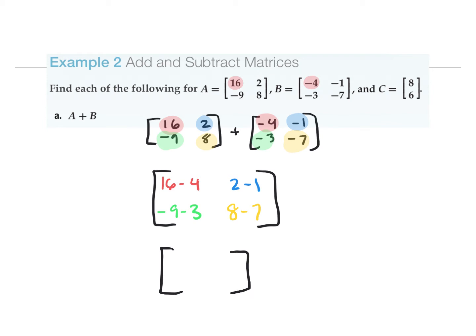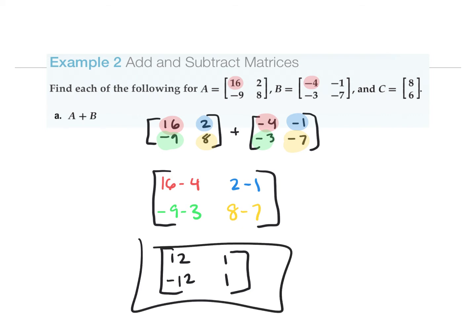This would be 16 minus 4, which is 12. 2 minus 1, which is 1. -9 minus 3. Remember, if you have 2 negative numbers here, then you add the numbers together and it stays negative. So this would be -12. And 8 minus 7 is 1. So this would be our answer. So you're just adding the 2 boxes together.